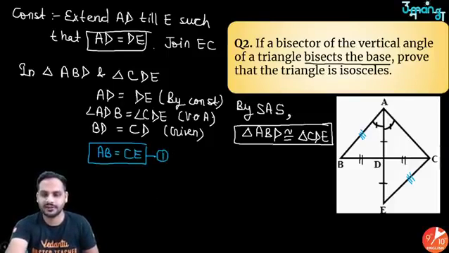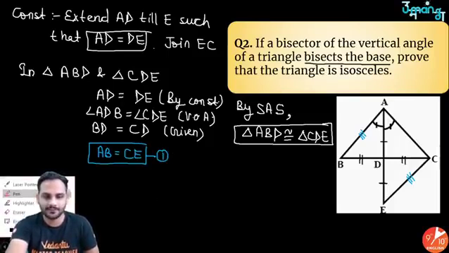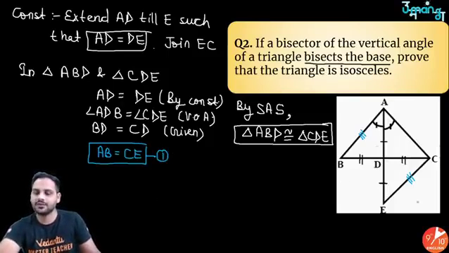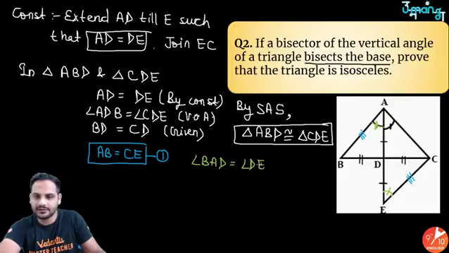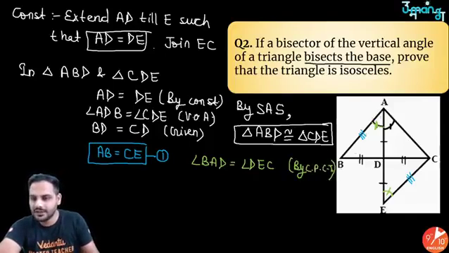And the second thing which I can say is that since the triangles are congruent, angle BAD and angle DEC will also be equal to each other. So angle BAD is equal to angle DEC. These two I am telling by CPCT, corresponding parts of congruent triangles.